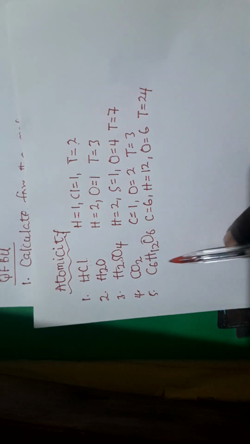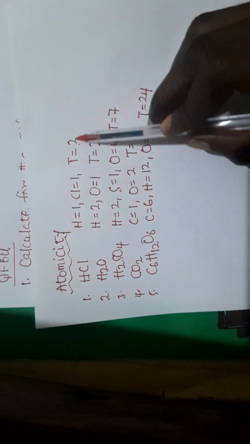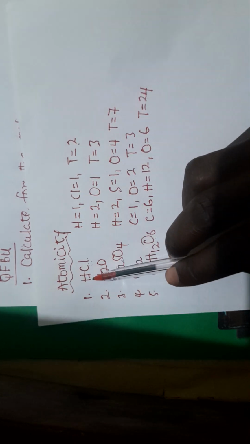So it means that the atomicity of the whole glucose is 24. The other totals were 3, 7, and 3, all coming from the atoms or elements present in there. So you sum them to get the atomicity.